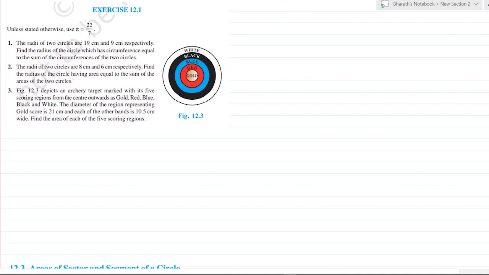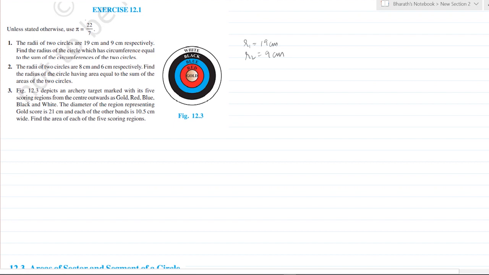Now let's go directly to exercise 12.1. The radii of two circles are 19 centimeter and 9 centimeter. So let's keep R1 equal to 19 centimeter and R2 equal to 9 centimeter. Find the radius of the circle which has circumference equal to the sum of the circumferences of the two circles.